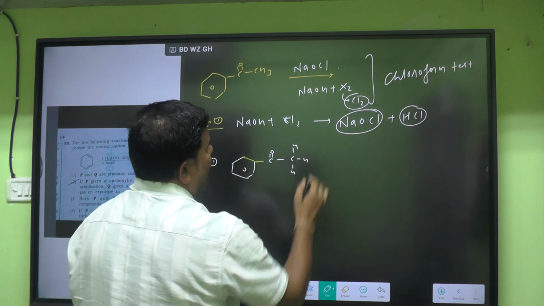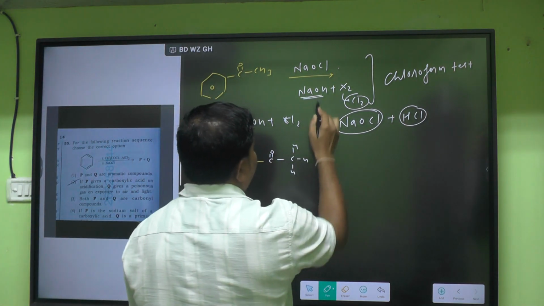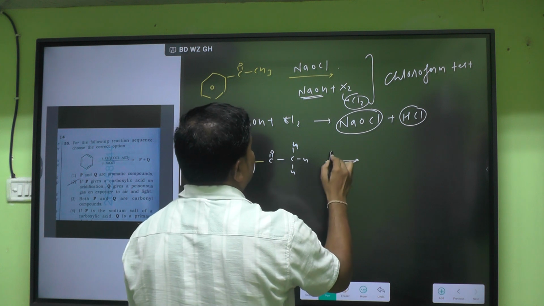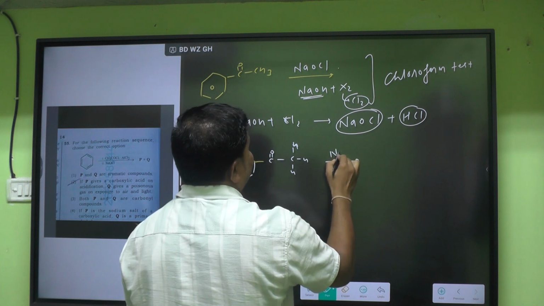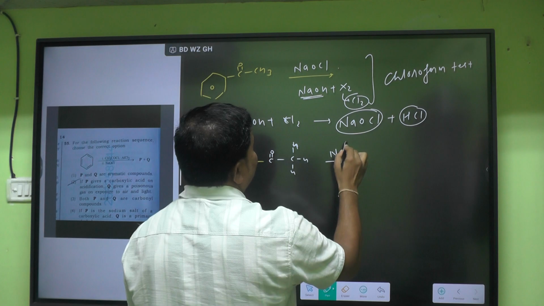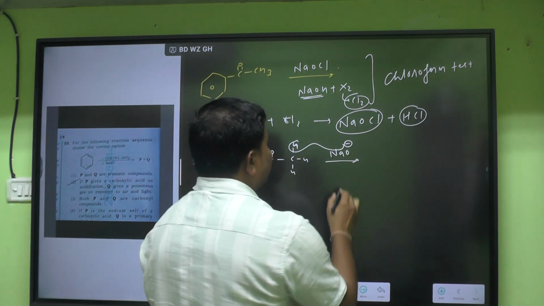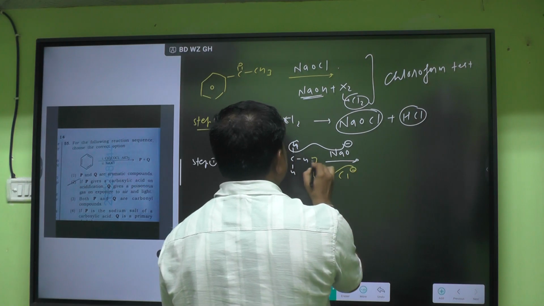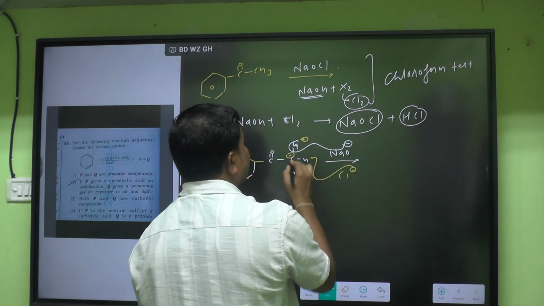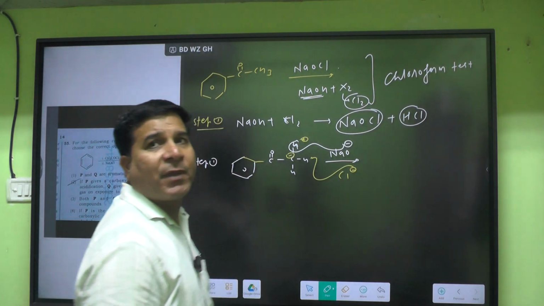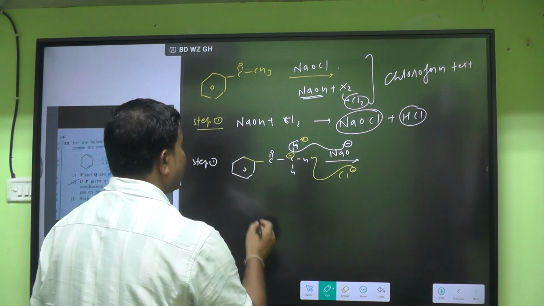So now this base, NaOH, negative. Abstraction of this hydrogen. And addition of Cl negative attacks on this. Now there is a positive charge here and a negative charge here, and the negative charge attacks this. So first step, complete chlorination.